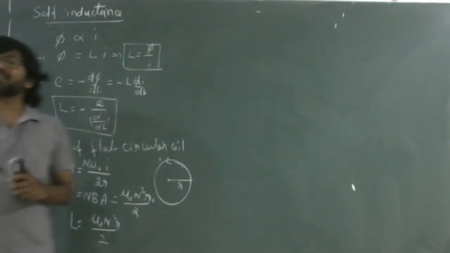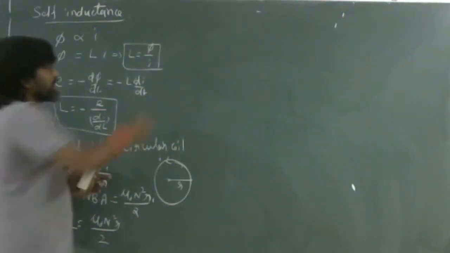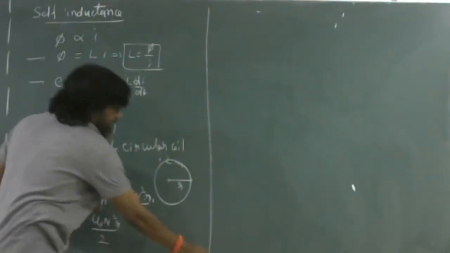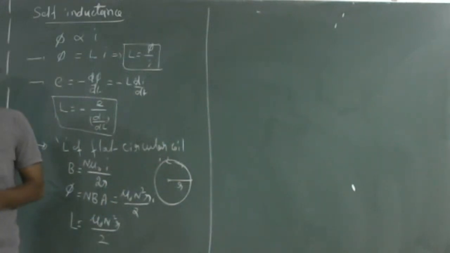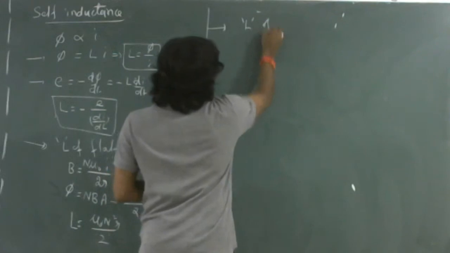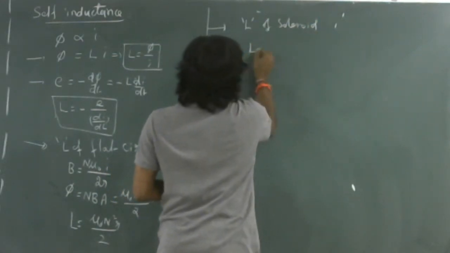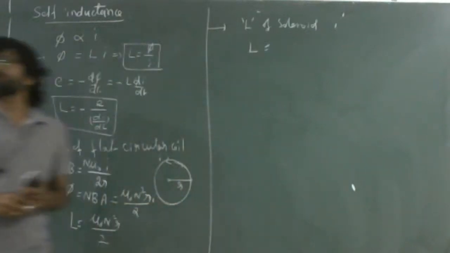Whereas the self-inductance of a solenoid. So what is the self-inductance of a solenoid? Have you copied all these points or not? L of solenoid, can you recollect what this is?